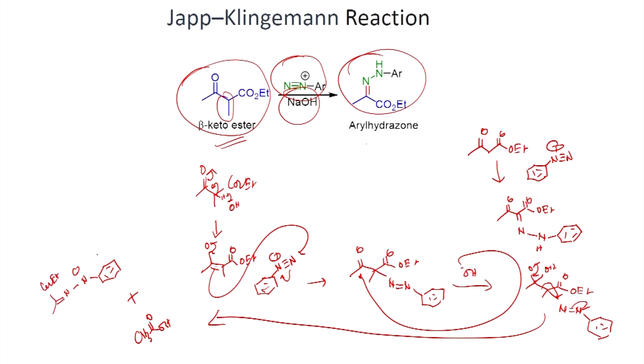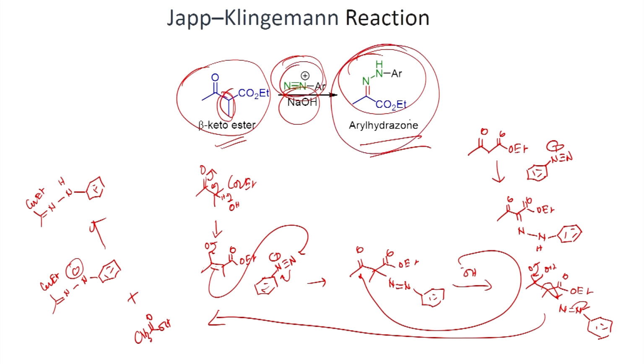So when you do workup, you can protonate this anion to give the hydrazone as the product. So whenever you have the substituent in the presence of base, it can undergo reaction with the diazonium salt, and you will be able to produce this hydrazone as the product.